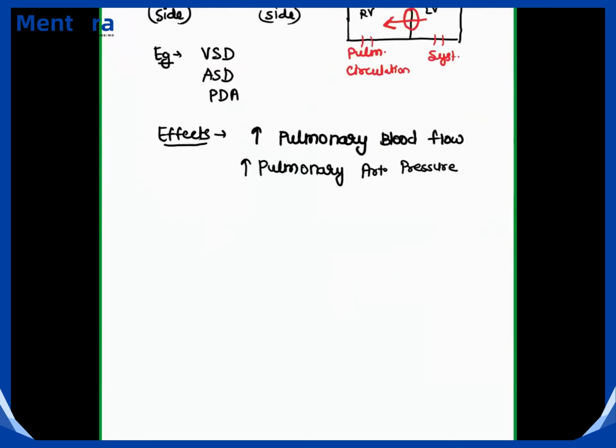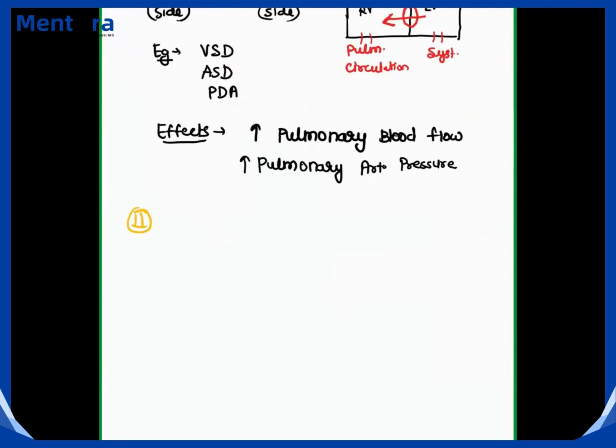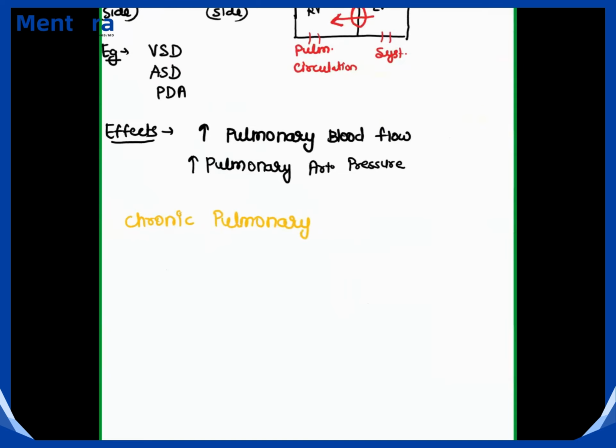And gradually this leads to chronic pulmonary overcirculation.